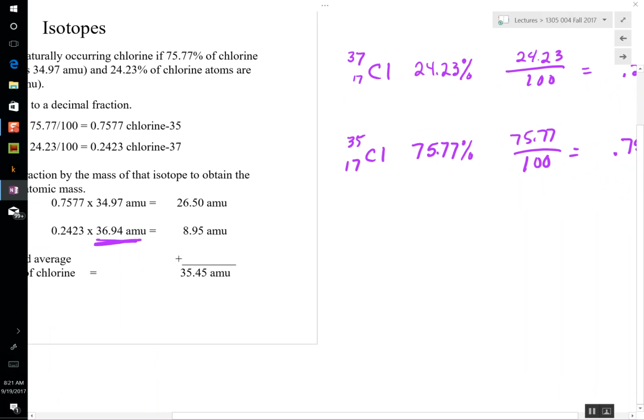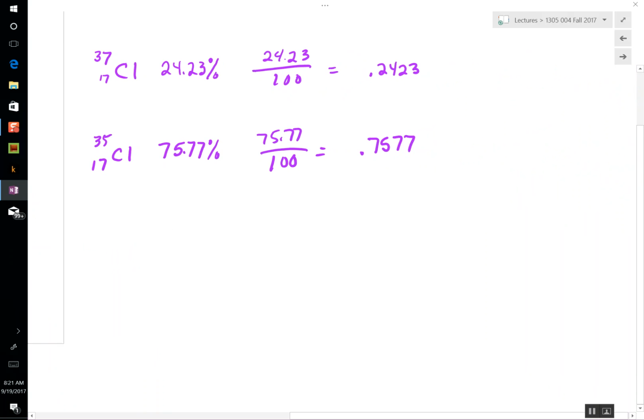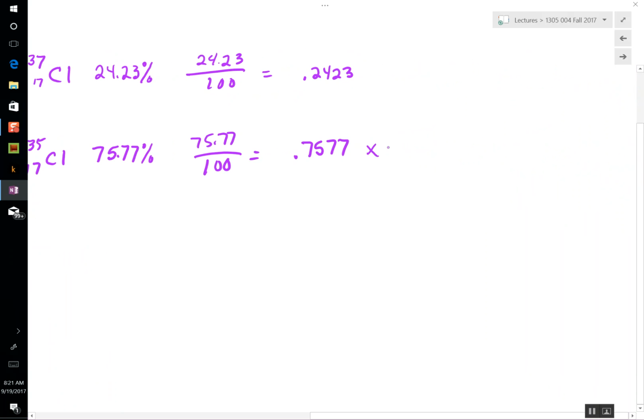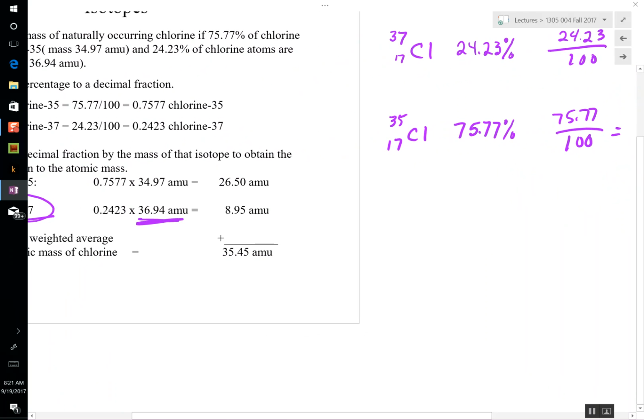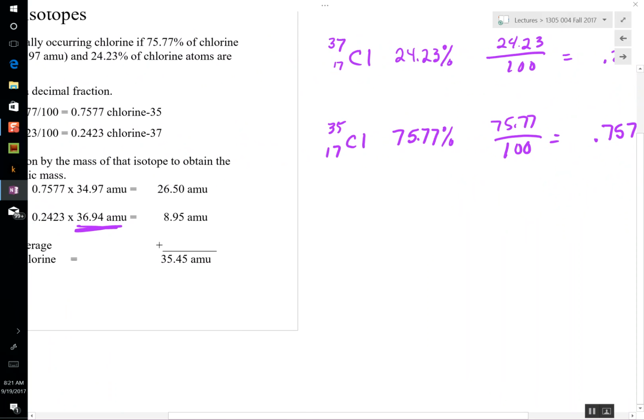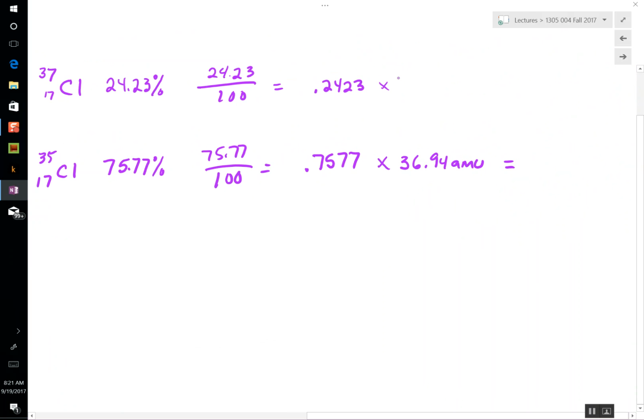So I'm going to take that number times 36.94 atomic mass units. And what does a chlorine 35 weigh? 34.97 atomic mass units. Okay, now take out your calculators.